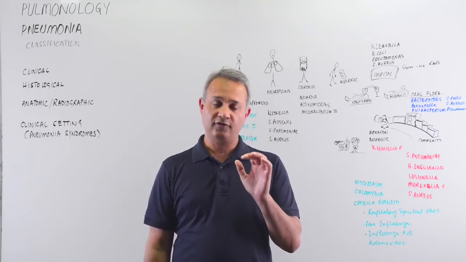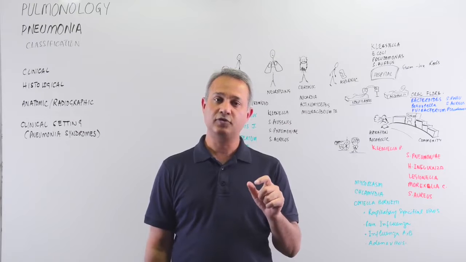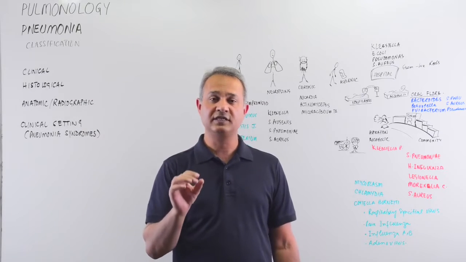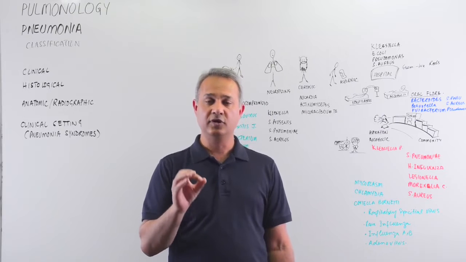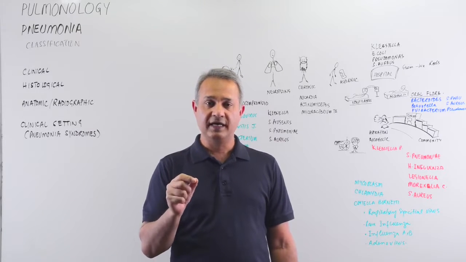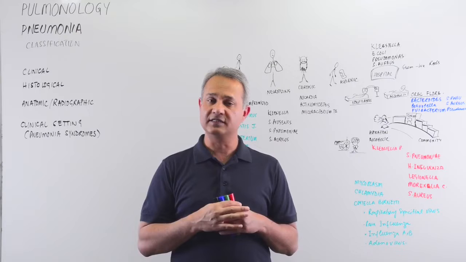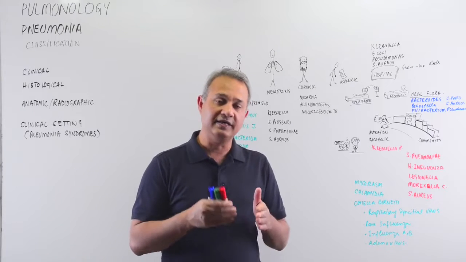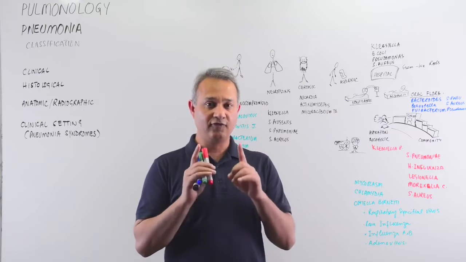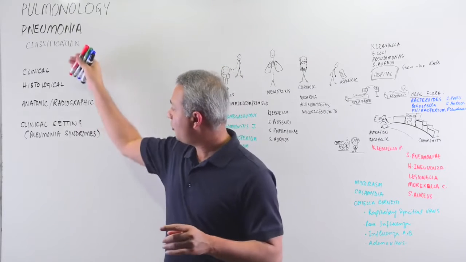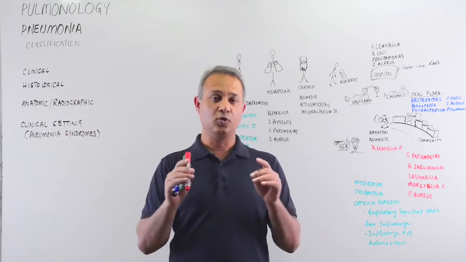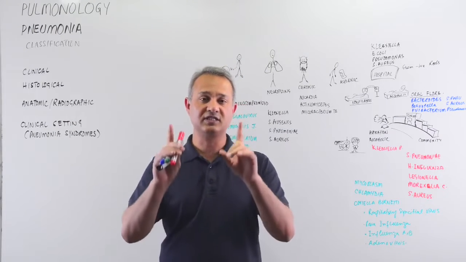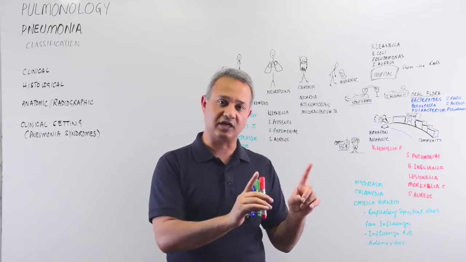Understand one thing, that for the classification, what is important is not to remember the classifications, but that you as a doctor be able to treat the patient. And for the treatment of pneumonia, it is important that you can quickly empirically start the treatment. For that, out of all of these classifications, what is important is to understand the clinical setting, the setting in which the patient became sick.